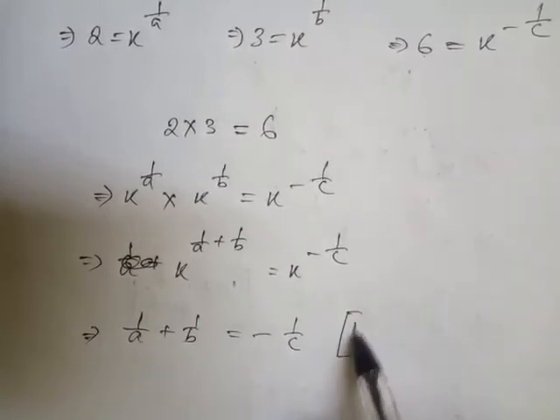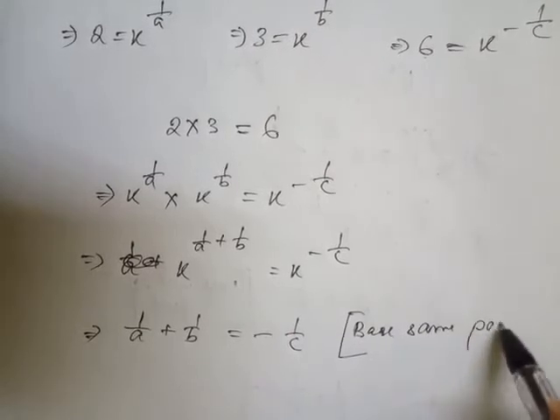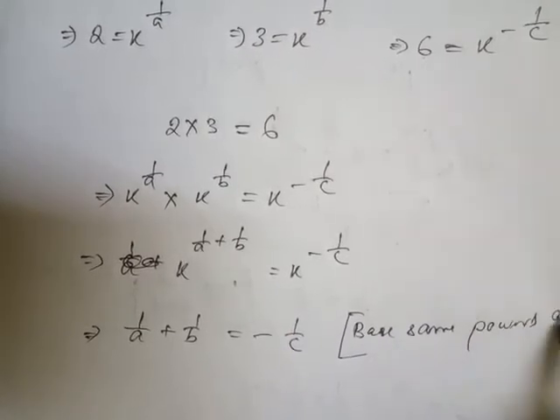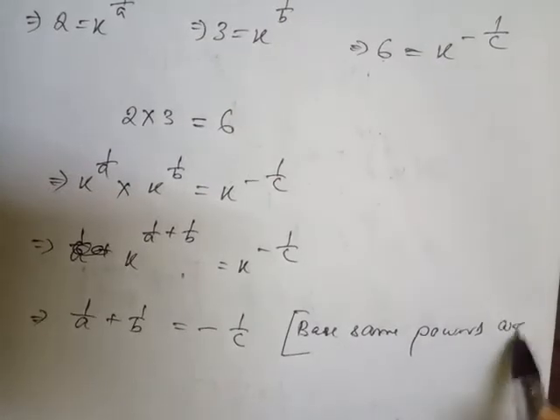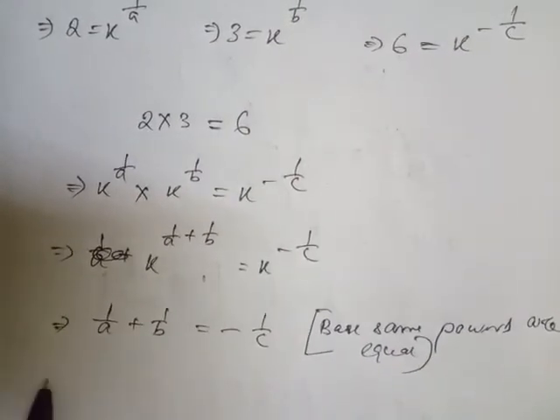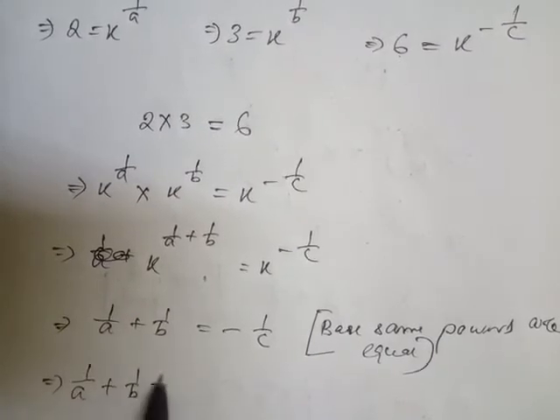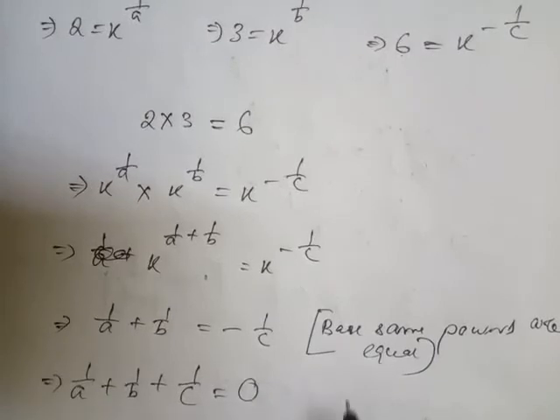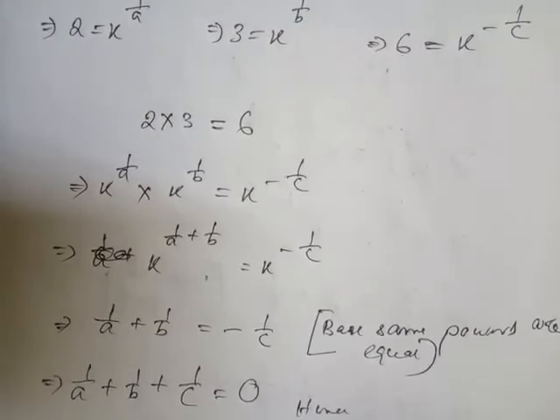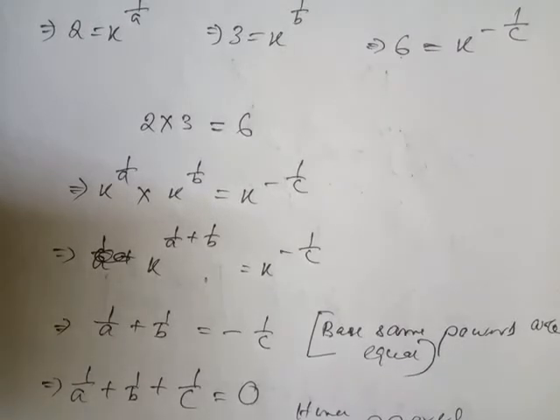We'll write here that base same powers are equal. Now after that, if I take this value to the other side, 1 by a plus 1 by b plus 1 by c equal to 0, hence proved. This is the proof of question number 9 Roman 4.